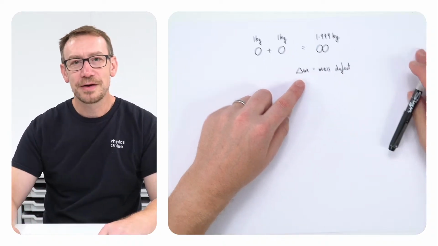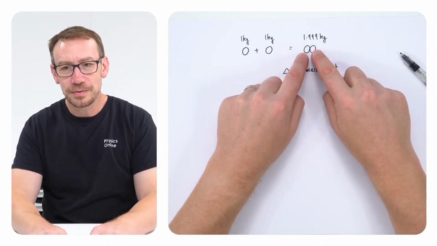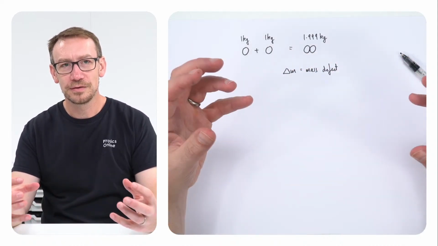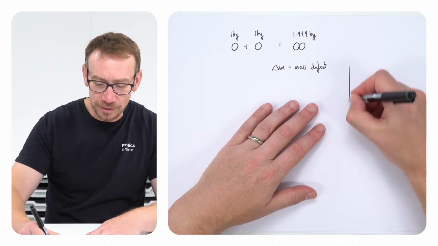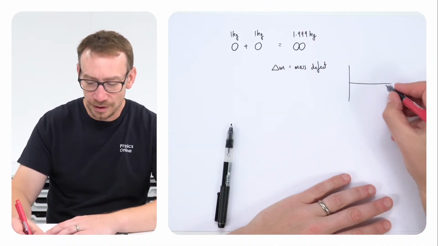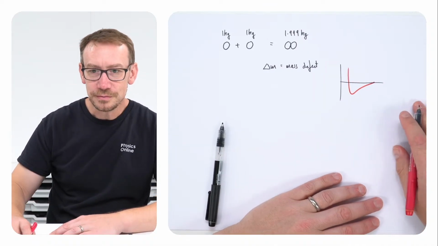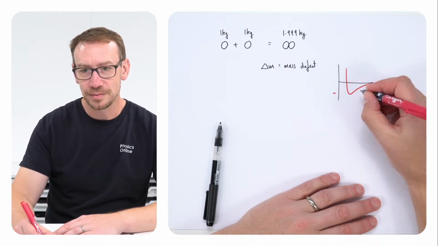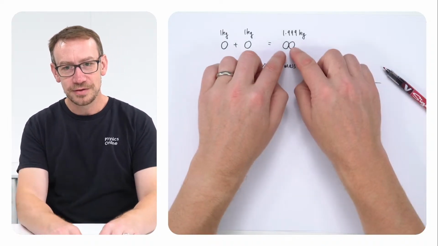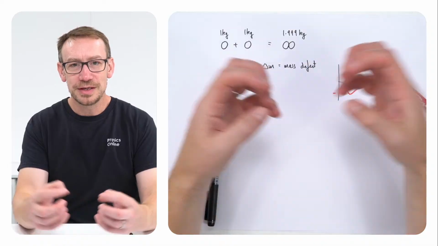And the way I think about it is, if you want to separate these two things, which if they're nucleons, inside the nucleus, there's this strong force of attraction. So the strong force looks a bit like this. At less than about 3 femtometers, it's negative, so it's going to be attractive. And to separate these two things, you need to add energy.